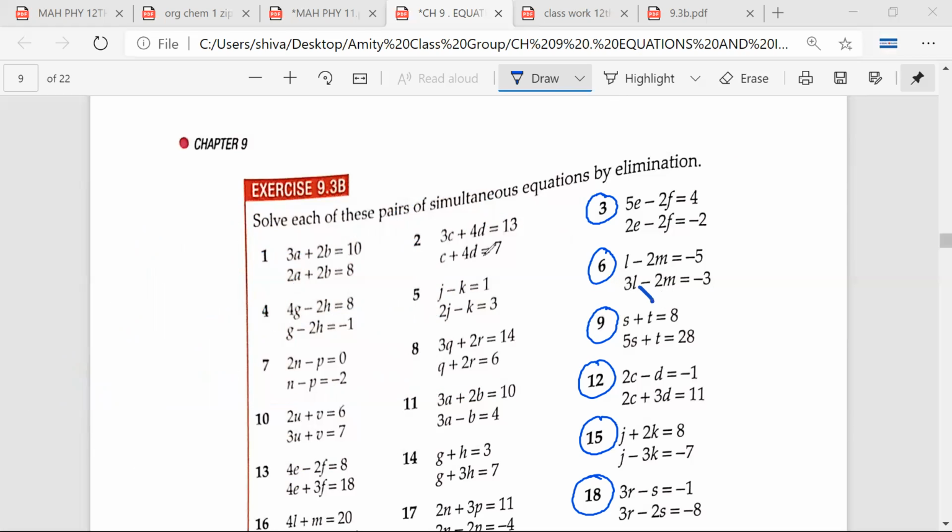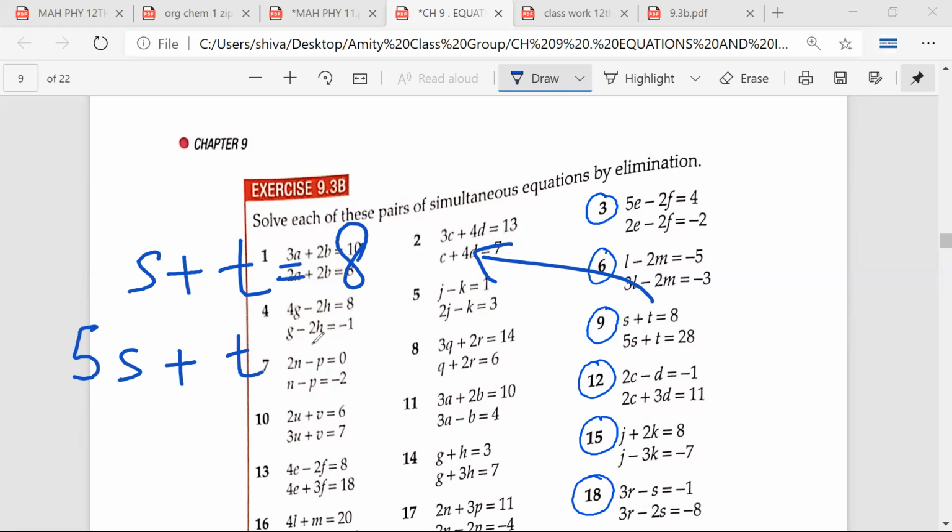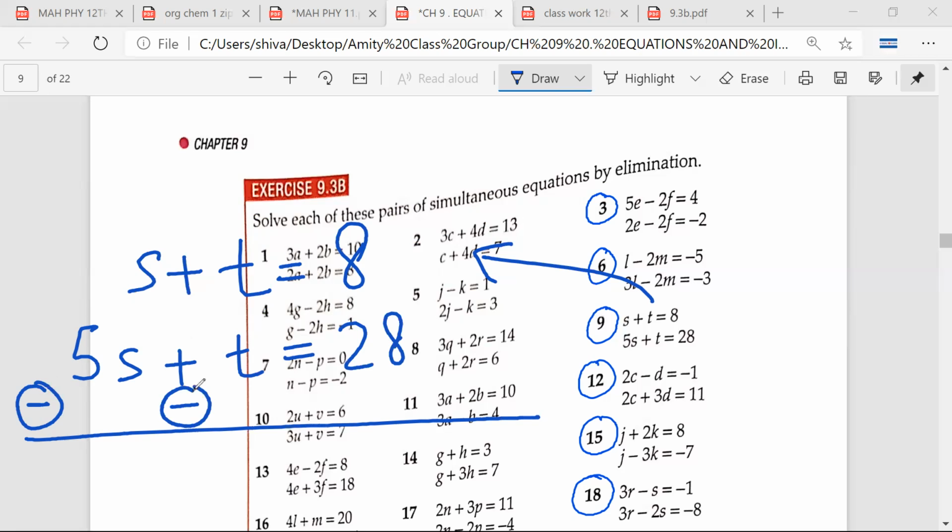Soumyaji, any doubt? No, sir. How should I do this equation? S plus T is equal to 8. 5S plus T would be 28. Soumya, what should I write now? This plus will become minus, and minus. Yeah. S minus 5S is minus 4S.